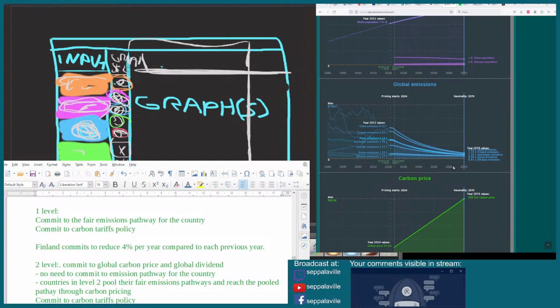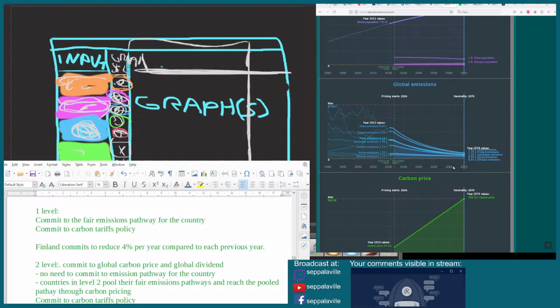You have to apply this kind of correction factor for each year. It's a bit tricky to explain, but because it's a different correction factor for each year, you cannot have this kind of Finland X% each year.